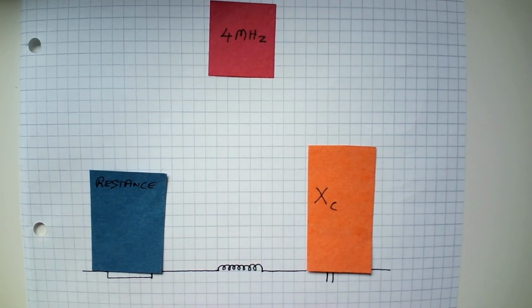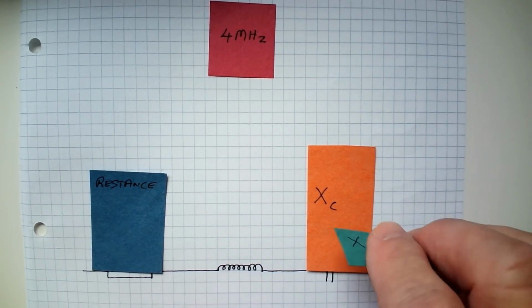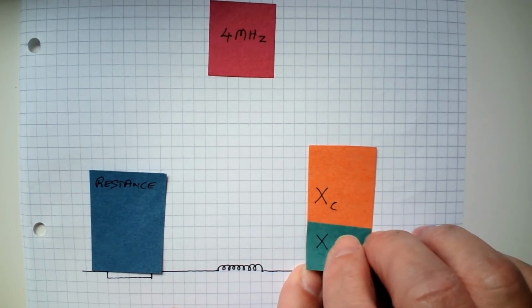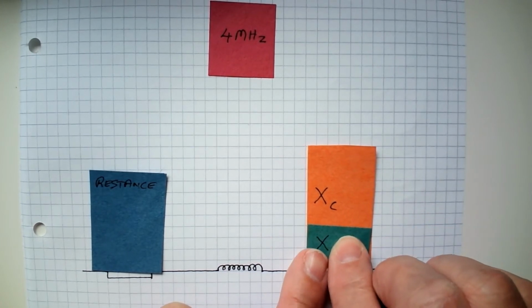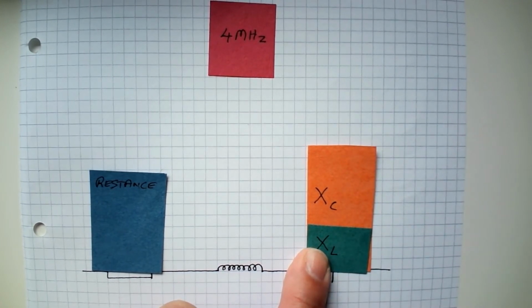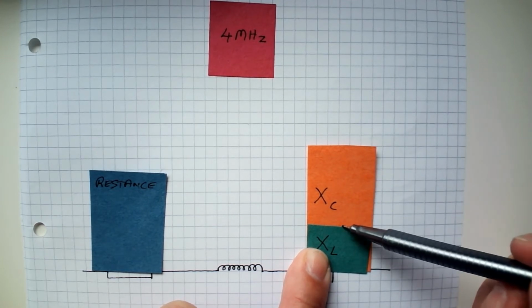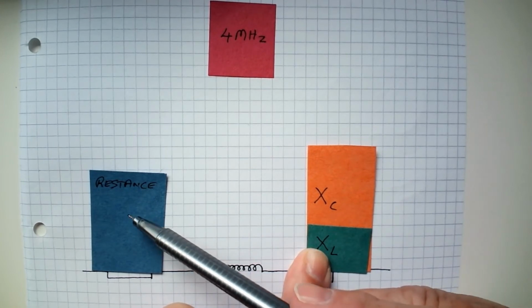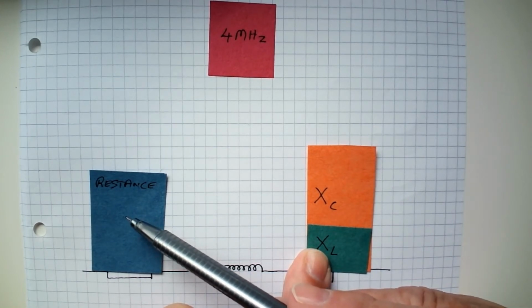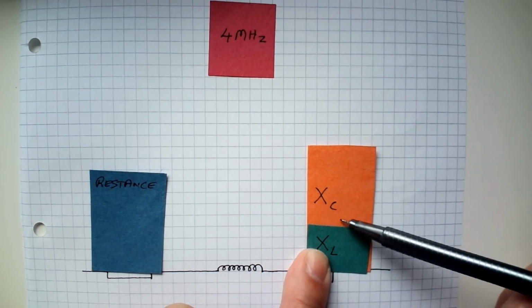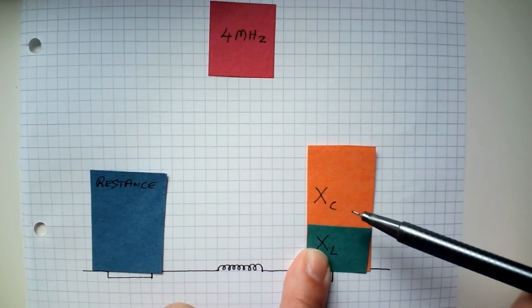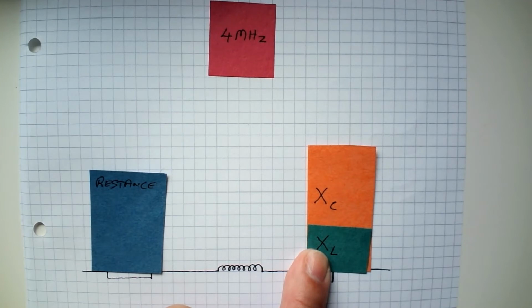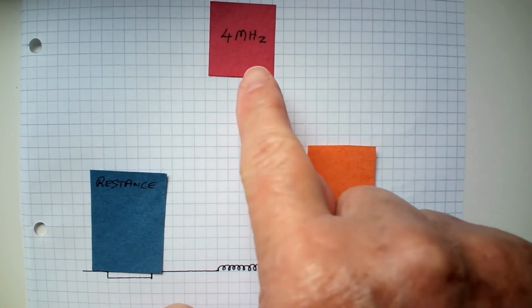Well, the impedance is the amount of inductive reactance subtracted from the capacitive reactance. So the impedance will be that much capacitive reactance and that much resistance. The resistance always stays. So the resistance and that much capacitive reactance will equal the impedance of this particular circuit at that particular frequency.